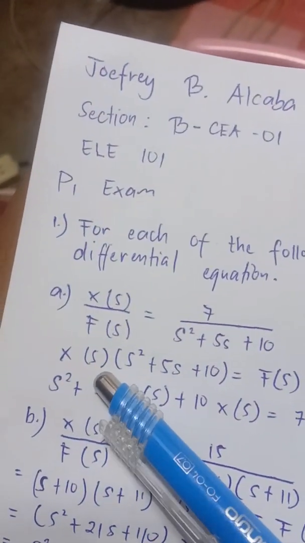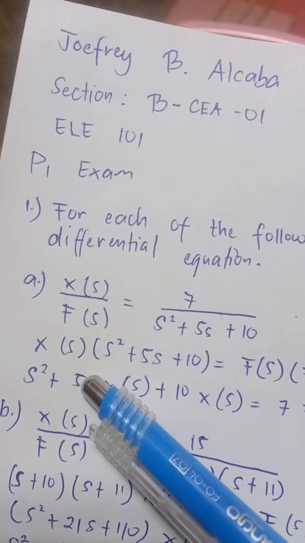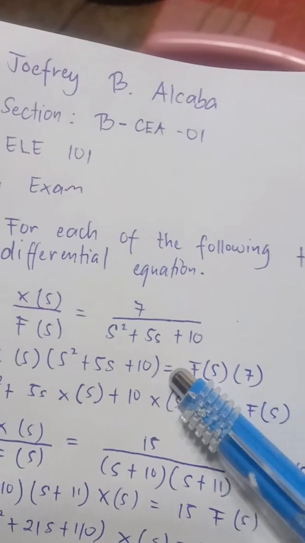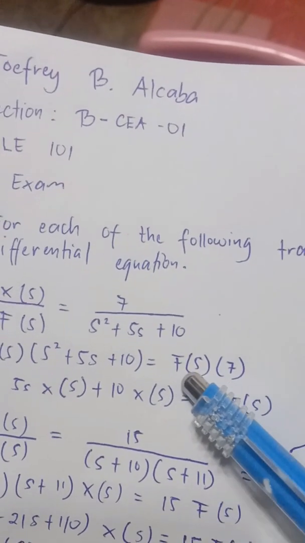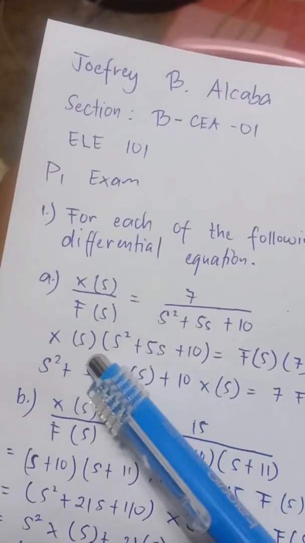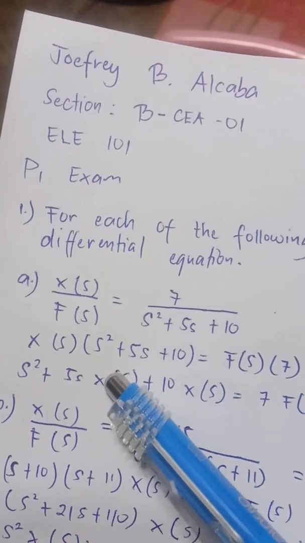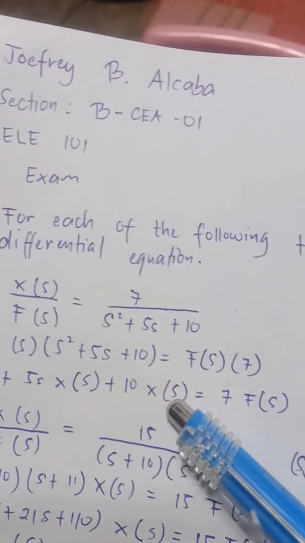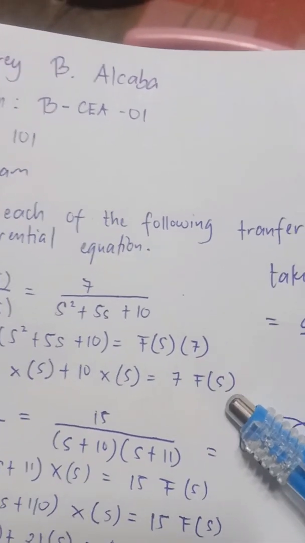X(s) times (s squared plus 5s plus 10) equals F(s) times 7. So s squared X(s) plus 5s X(s) plus 10 X(s) is equal to 7F(s).